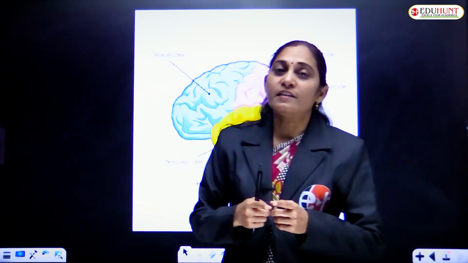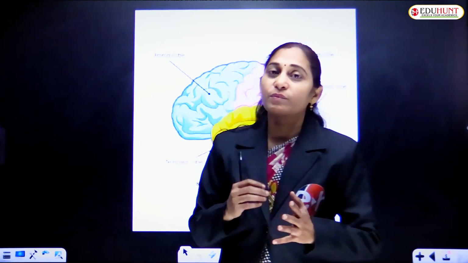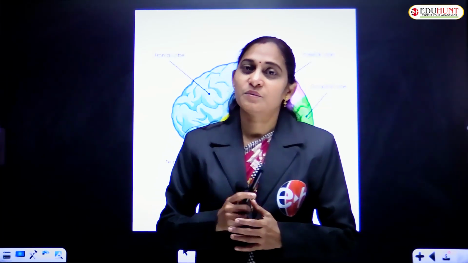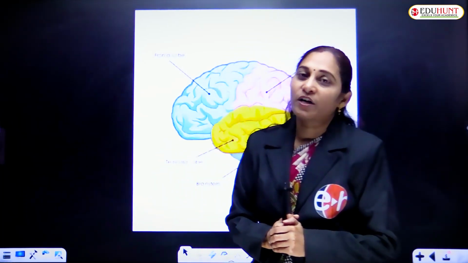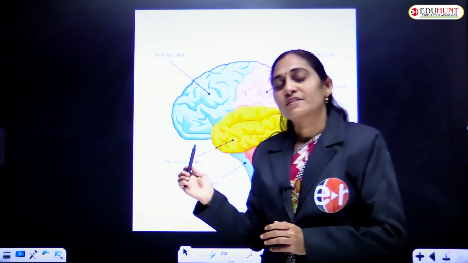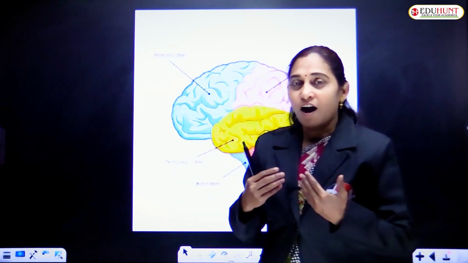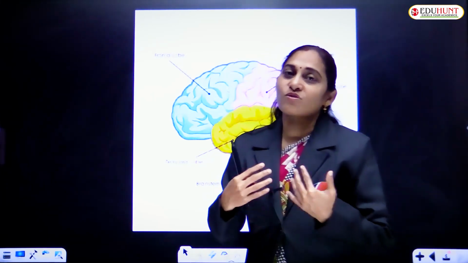And what is the center for that collective action of all the organs of the body? Yes, you are right. That is the brain. So in this session, we are going to deal with the brain, its various parts, and how it controls other activities of the body.